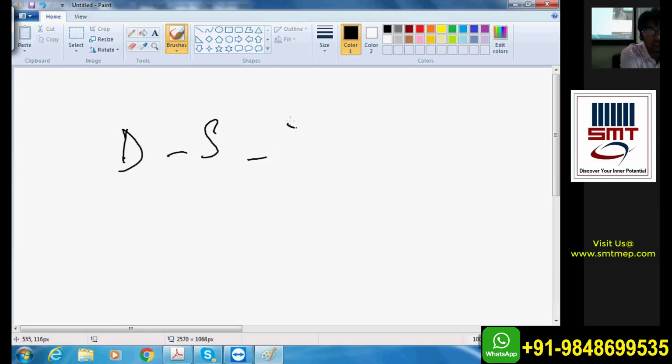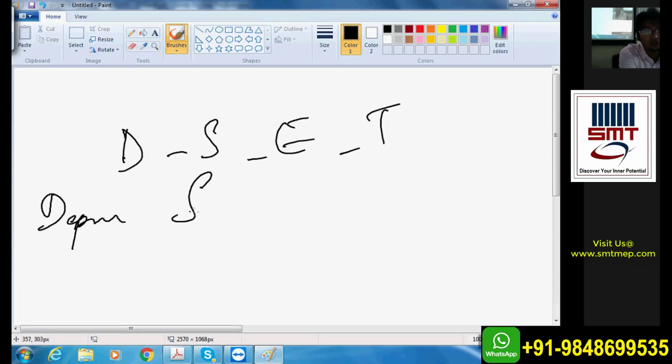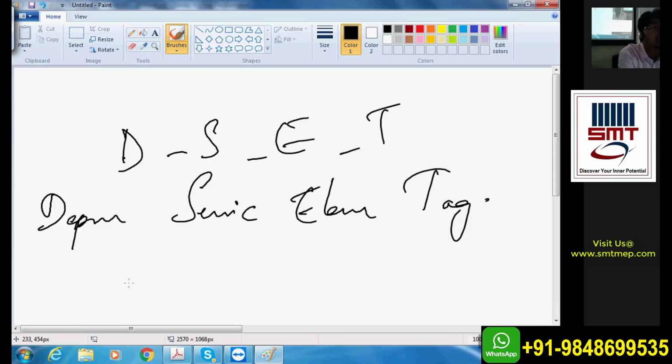Yes, there is something called DSET for you to follow while doing the drafting. It is department, service, element, and tag. So this is how you have to follow it while creating the layers when dealing with HVAC drafting. You have to remember and understand this.